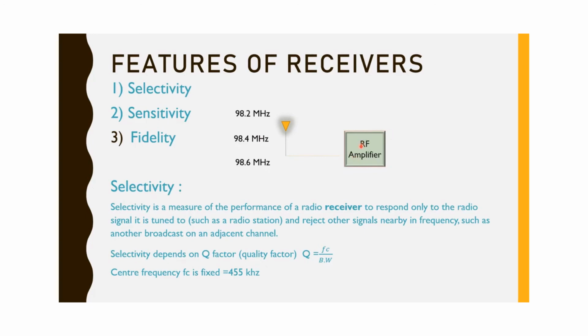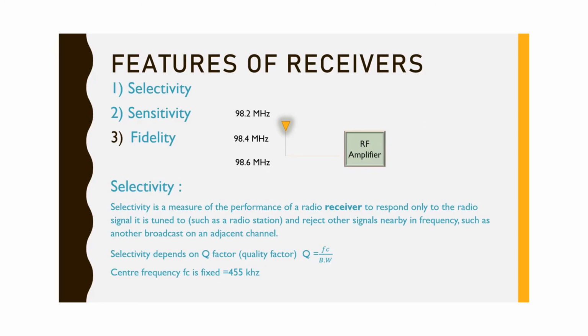So our receiver should be able to reject other two signals, like our receiver should be able to reject 98.2 and 98.6, and it should select 98.4 MHz. Selectivity depends on quality factor Q. Q is equal to Fc upon bandwidth. So we generally fix our center frequency at 455 kilohertz to maintain better selectivity.